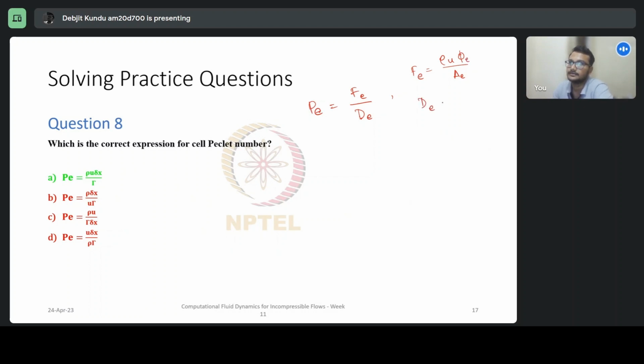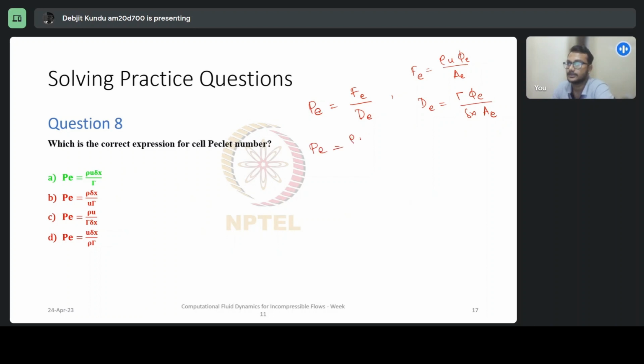And this thing over here, the diffusive quantity, is equal to gamma into phi E over delta X into AE.